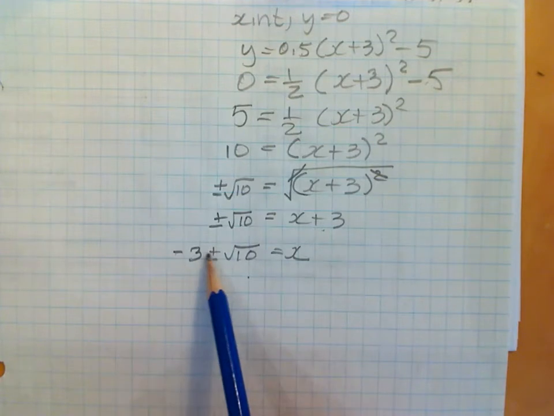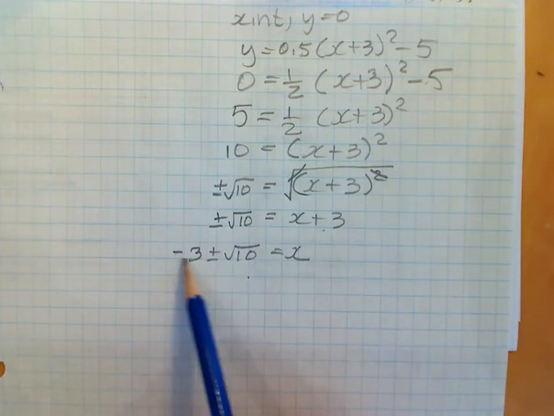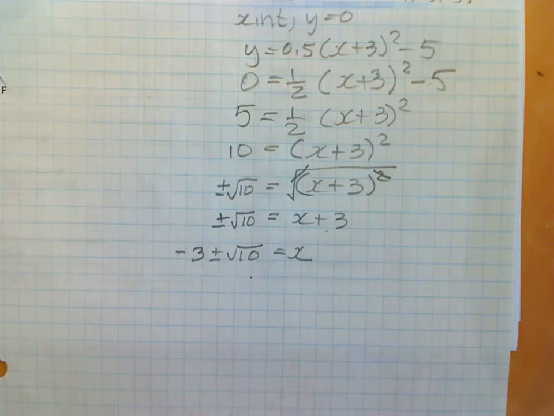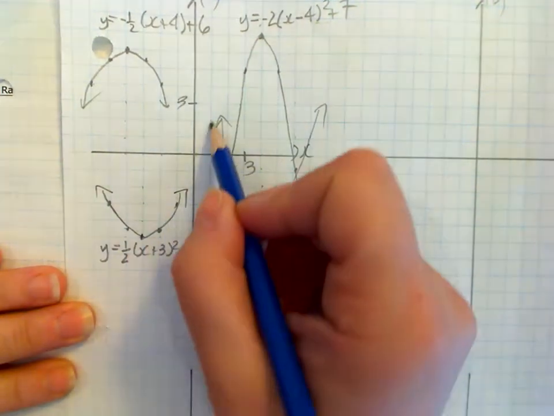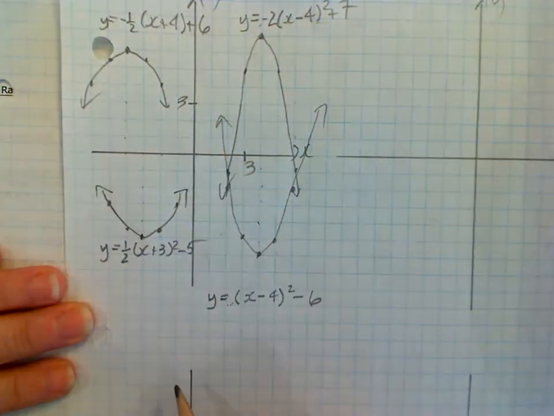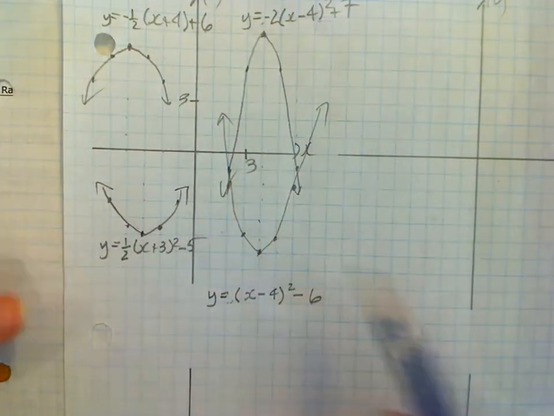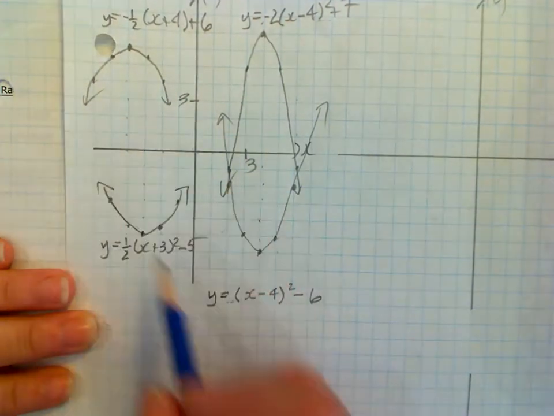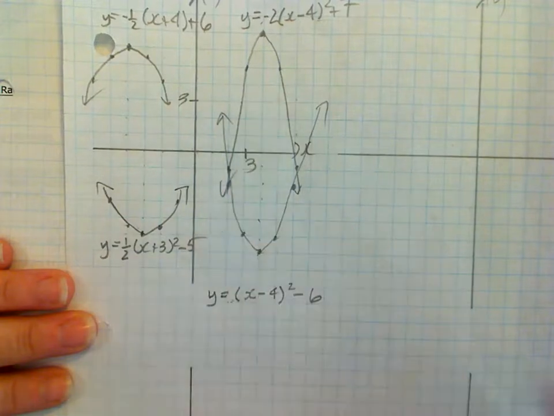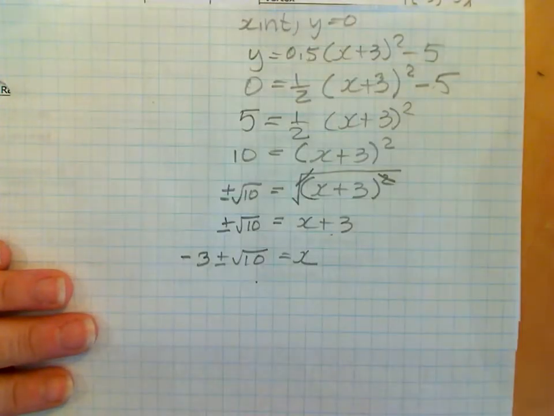One would be minus 3 plus the root of 10, and one would be minus 3 minus the root of 10, and I'd have two values. And I know that I'm going to have two values because when I look at the graph that I graphed earlier, I can see that I'm going to cut my x-axis in two places. This is eventually going to cut it there and there. Now my y-axis I'm only going to cut once, so I know I'm going to have only one y-intercept.